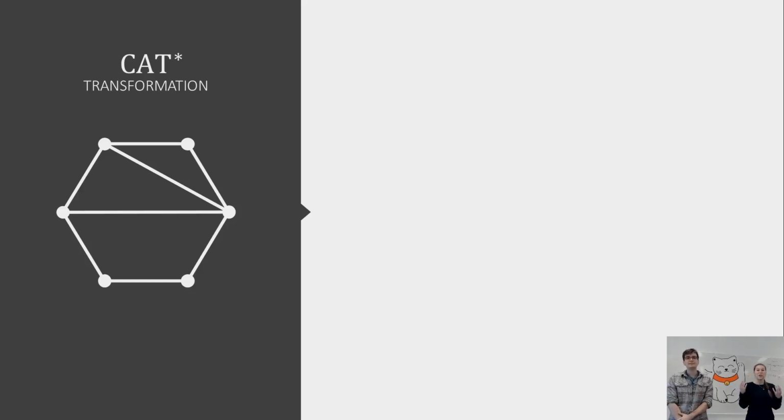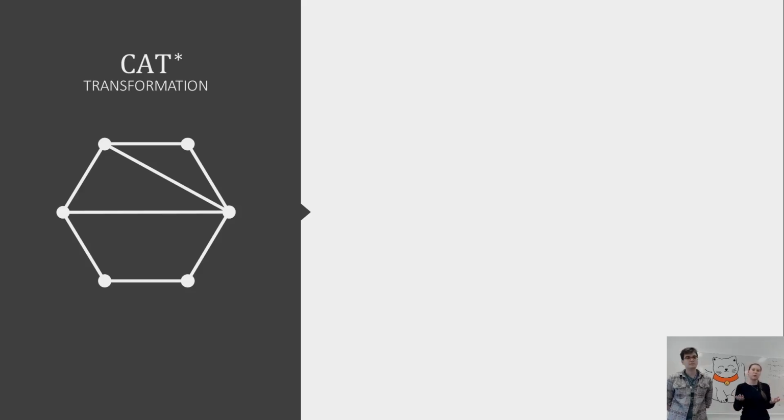So when you think about outerplanar graphs, basically the most difficult parts of them are biconnected components. And because it's outerplanar graphs, they are biconnected outerplanar components. CAT star basically focuses only on these biconnected outerplanar components, which we call blocks.